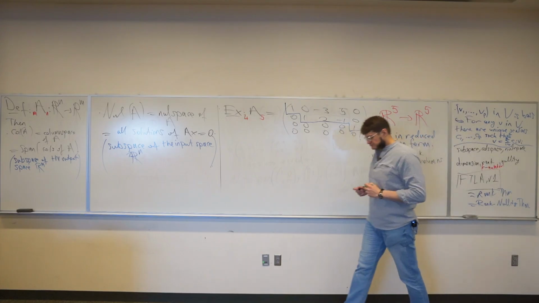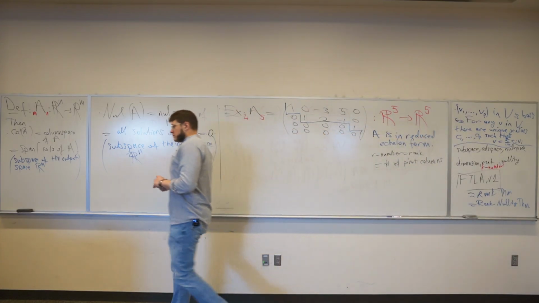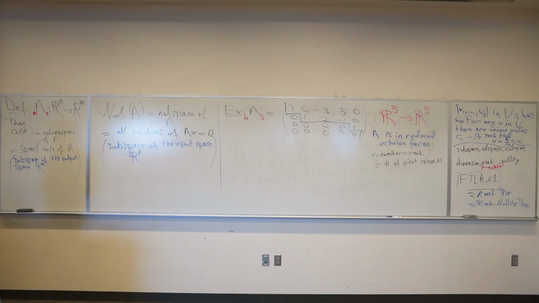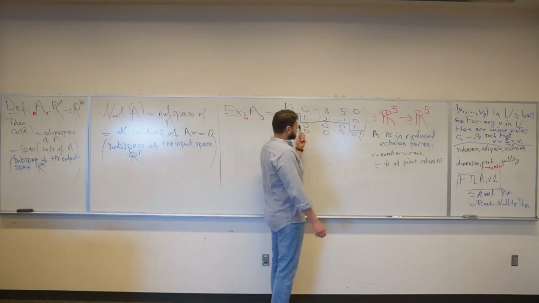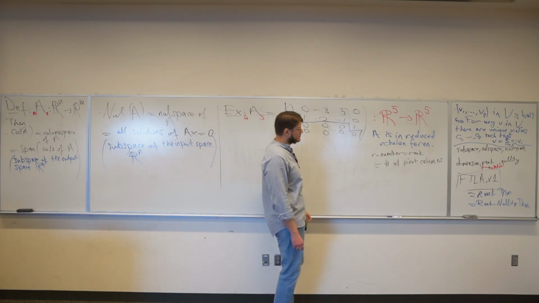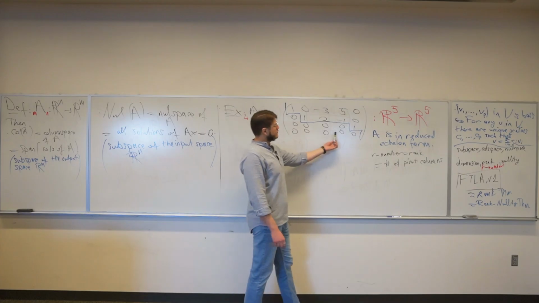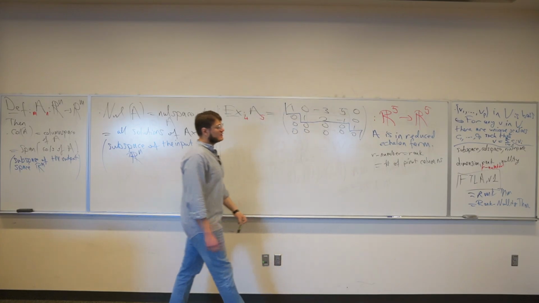Let's also record which columns are the pivot columns and which are the non-pivot columns. Well, the first, second, and the fifth columns are the pivot columns, and the third and the fourth columns are the non-pivot columns.